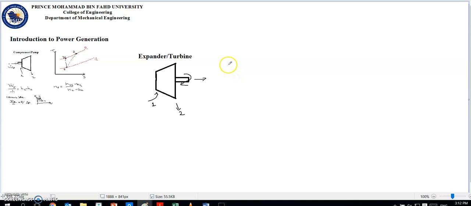On the TS diagram, the process is kind of opposite of that of the compressor. So we're going to start from a high pressure, P1, and ideally move isentropically, so vertically down to pressure P2, to point 2.